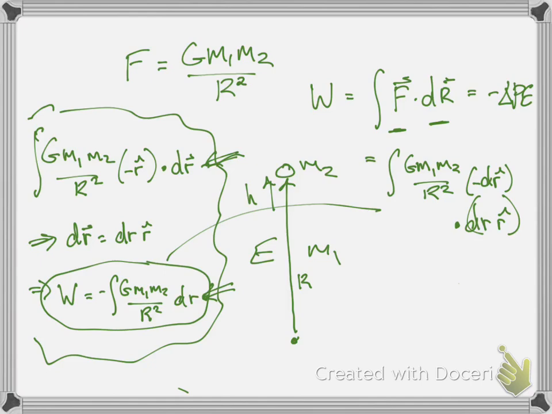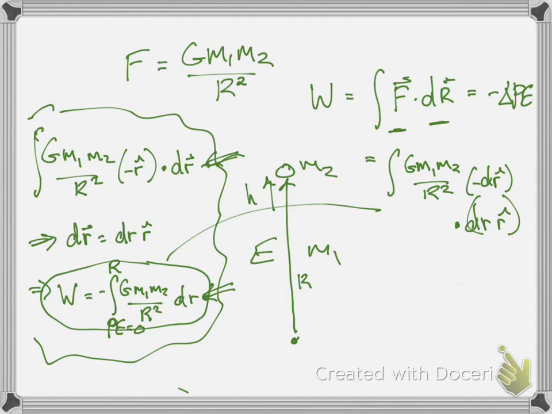Now we have to take the integral of G m1 m2 over r squared dr from the position at which PE equals 0 to some radius r. I wrote 0 there, but it should have been PE equals 0. Now, where is the potential energy equal to 0? We can define it, but there's a mathematically and physically convenient place.